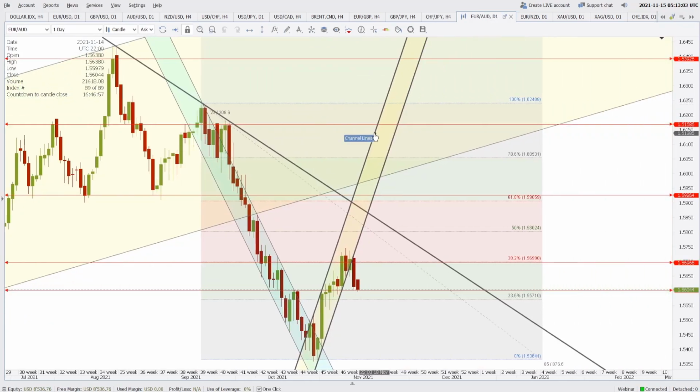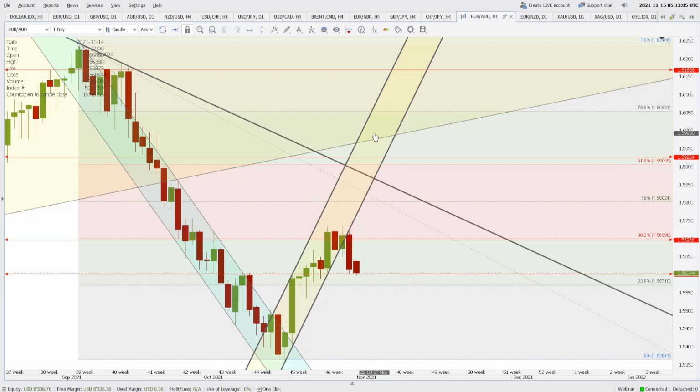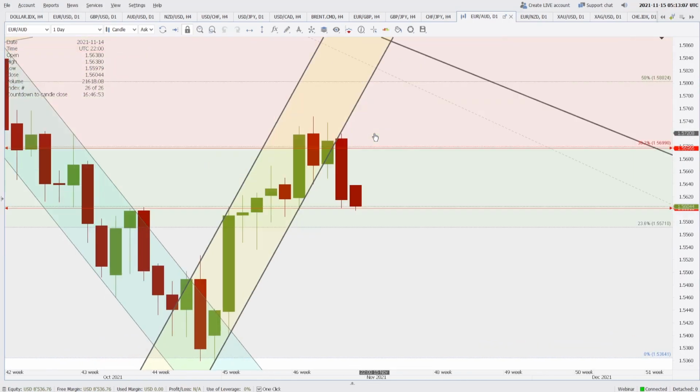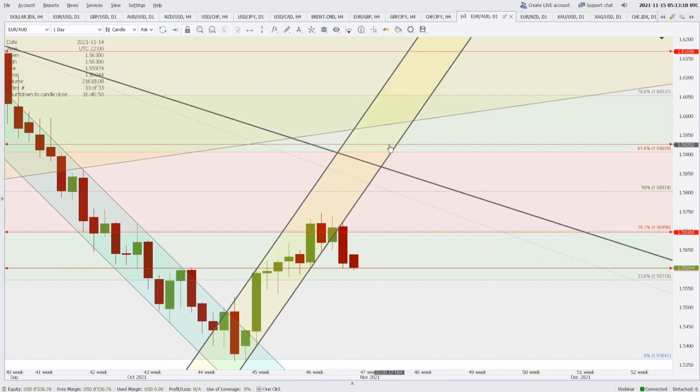Talking about the euro against the Australian dollar, the price is now at the price mark of 1.5601. The price has made an intraday low of 1.5597.